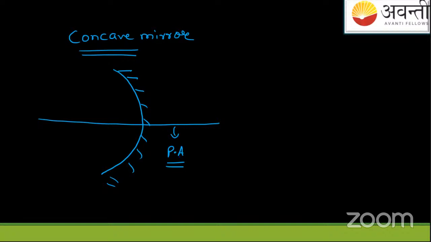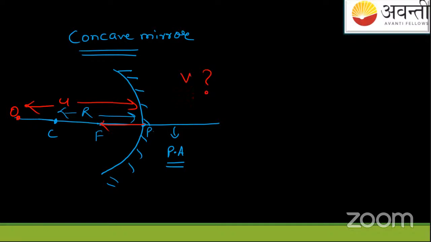Suppose this is the focus point. This is the curvature, and of course, this will be at R distance from the pole. Suppose, students, on the principal axis, the object is present here at u distance from the pole, and focus is given like this, and they ask you how to find the image distance from the pole.